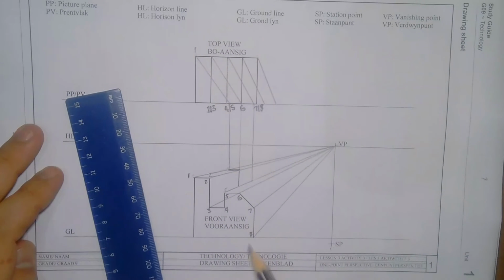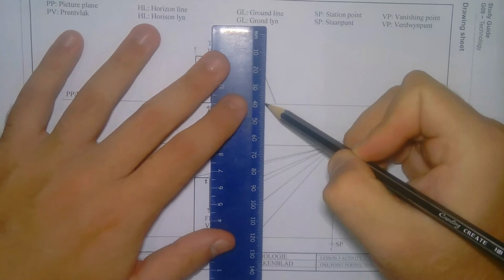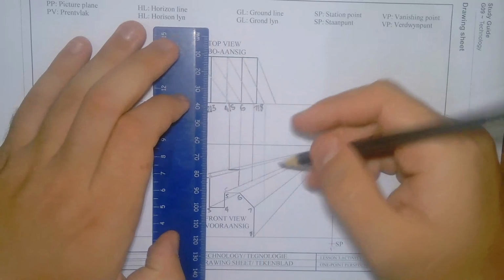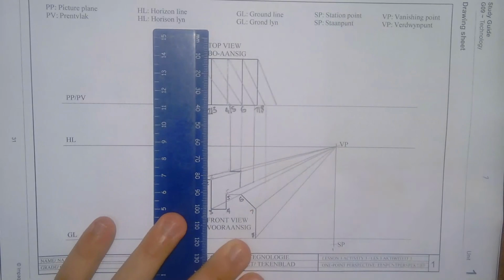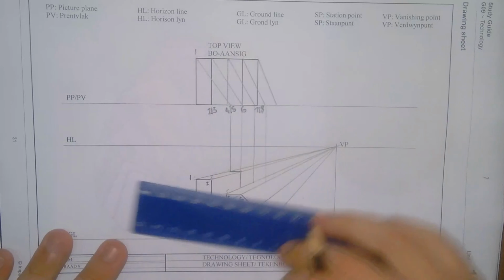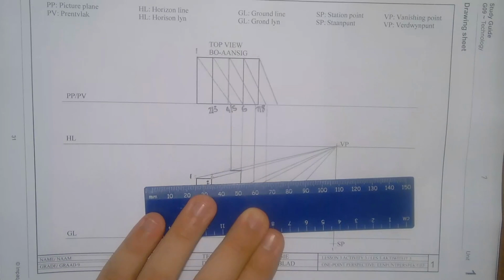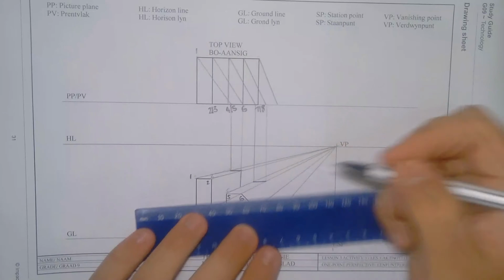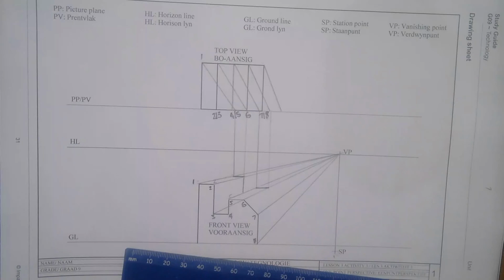Okay, same thing with the 6. 6, follow it up, come to there, straight line down. 6 is over there on this corresponding 6 line. Connect the 2 points. Okay, those are the 2 points.